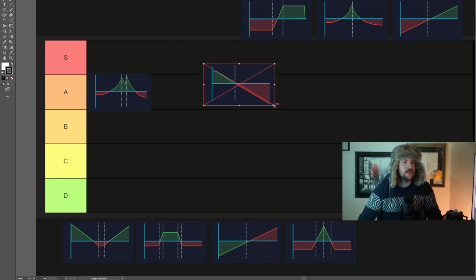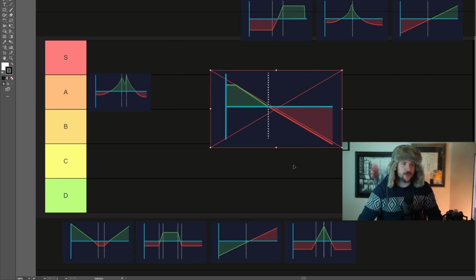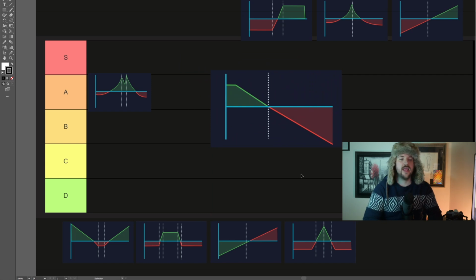What is next? We have the covered short call. And we can see from the P&L graph that this has one strike, namely the strike that an investor sells the call at. And we can see that as the price of the equity increases, as the price moves to the right, the value of the position decreases.